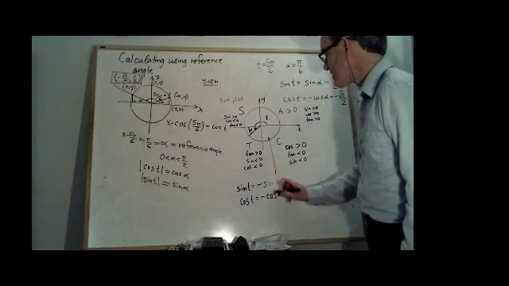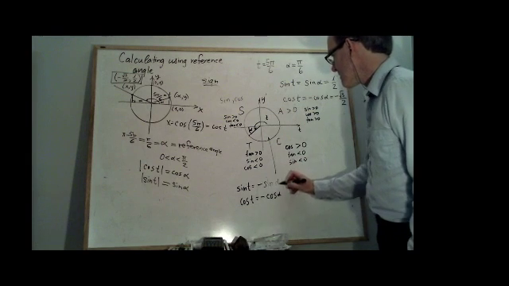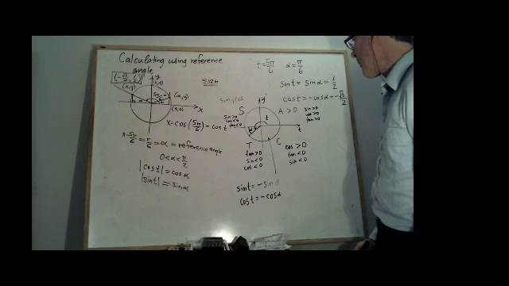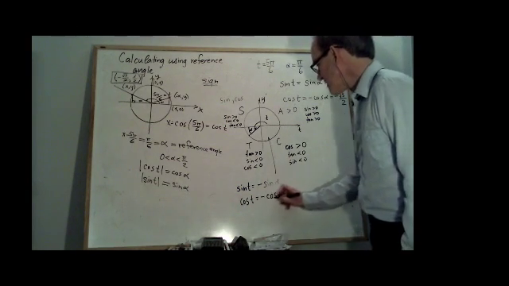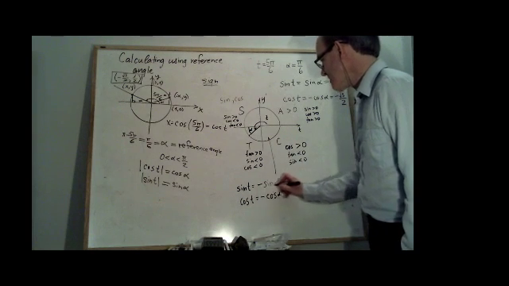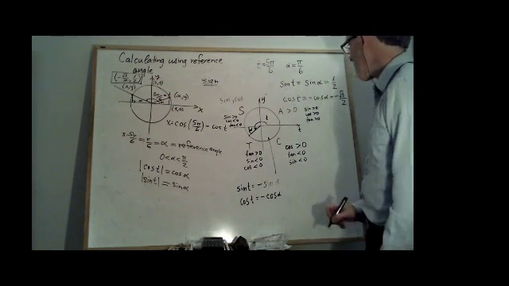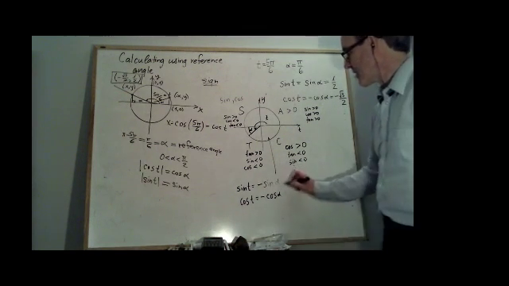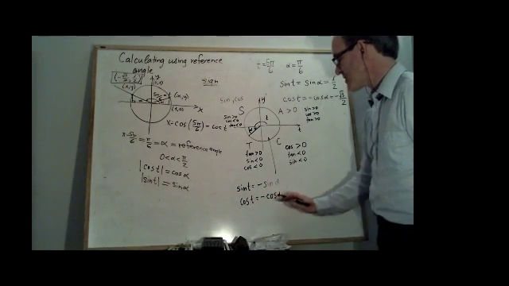This one would become positive, and this would remain negative. And if you're in this quadrant, this is the one that is going to change to positive, and this will remain negative. I'm sorry, this will change to positive, this will remain negative if you're in the second quadrant. Okay? All right, because remember alpha is a reference angle, so these values by themselves, sine and cosine, are both positive.